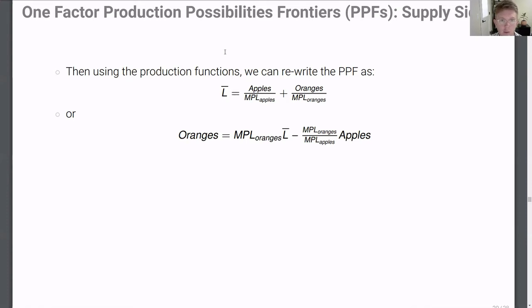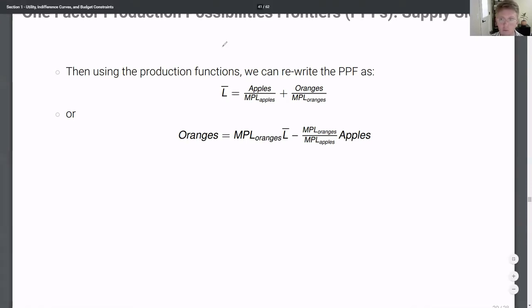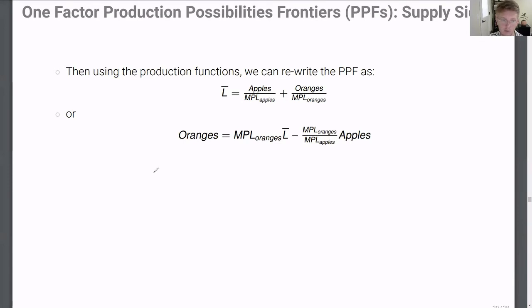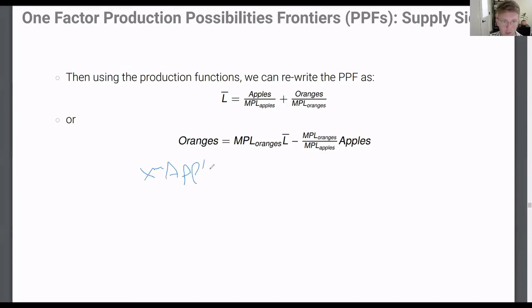But the next equation is just rewriting the above in the x equals apples, y equals oranges plane. So now this is a function of oranges in terms of apples, with a slope of negative MPL of oranges over MPL of apples.